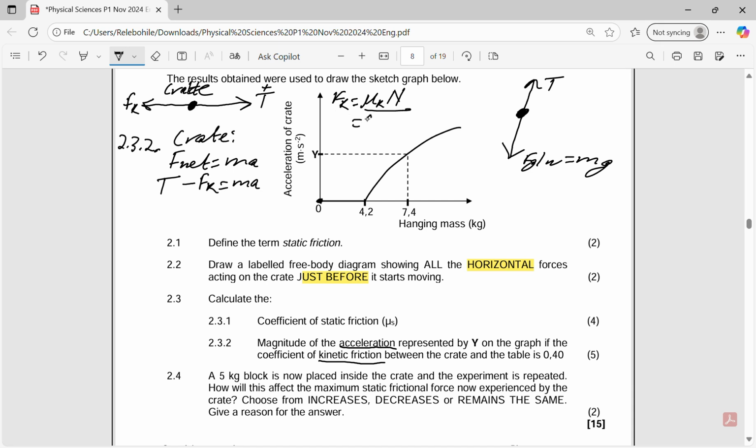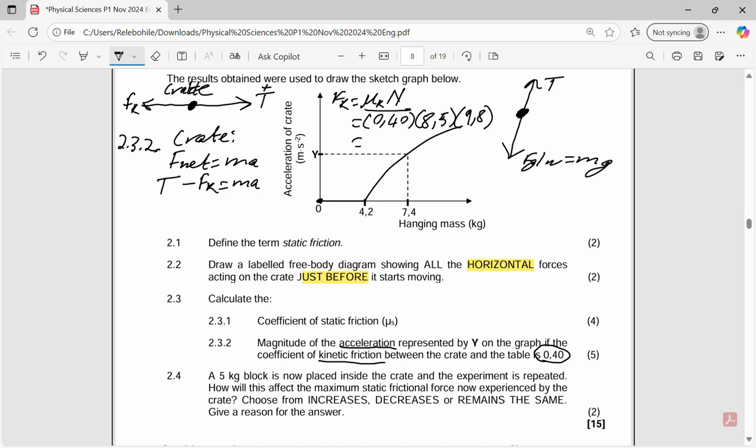If I'm looking for Fk, I will say my coefficient of kinetic friction, which was given here as 0.40, or I can write 0.4, guys. Then the normal force. Obviously, the normal force in this case, since our object is on a horizontal surface, will be the mass of the crate, which is 8.5 multiplied by our gravitational acceleration.